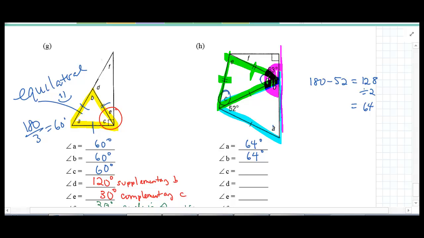Oops, you really can't see that, can you? So hopefully for angle D, you can see this. Angle D, angles on a line, and they add to 180. So if you think about it, 180, take away 63, take away angle B, which is 64, that will leave us with angle D.